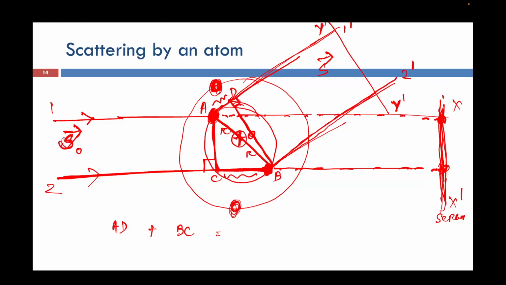Remember, how will I calculate this path difference? You have to multiply the unit vector in the direction of the incident beam, which is S naught, with the position vector. If I am talking about the position vector from here, then the position vector is this one.